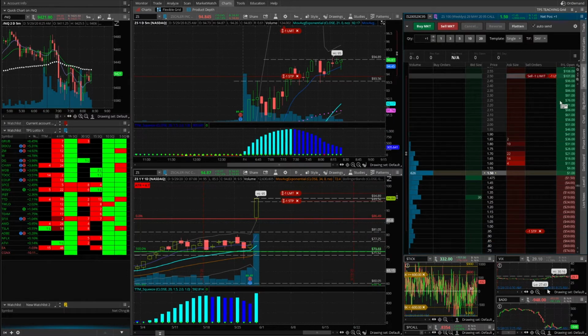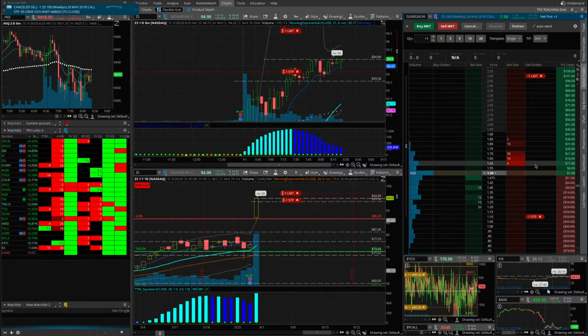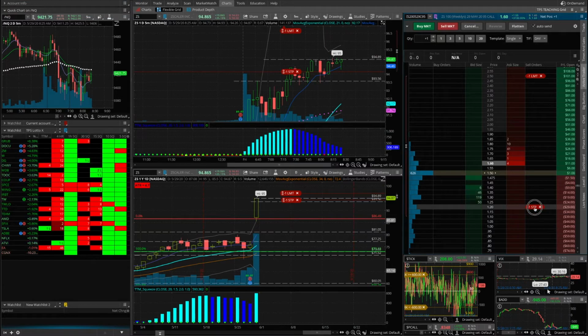So I'm going to put those in, and as you can see, I have a stop down here at $54, and I have a limit order if the stock moves up to sell at $100. And I can move these around now that they're in there. You'll see the bracket here on the left hand side. I can move this up a little bit to $39 if I don't want to risk $54, or back to $30 where we were before.